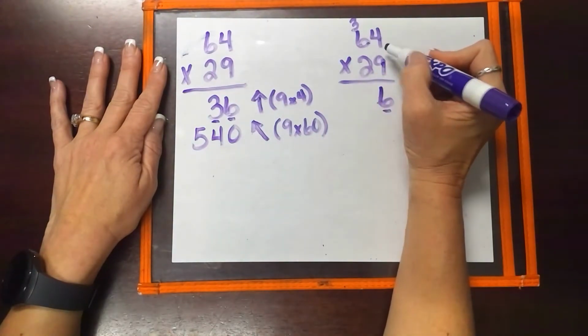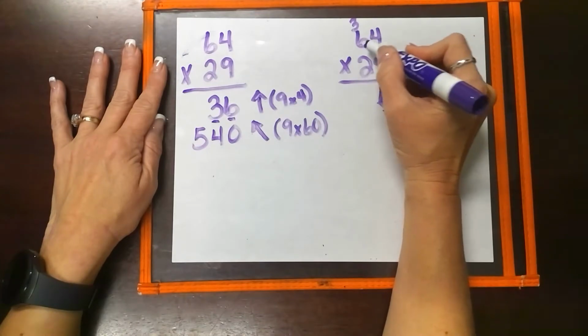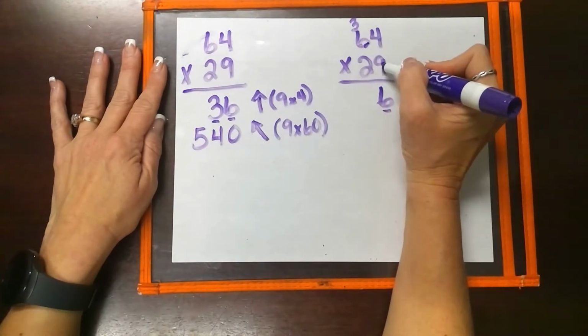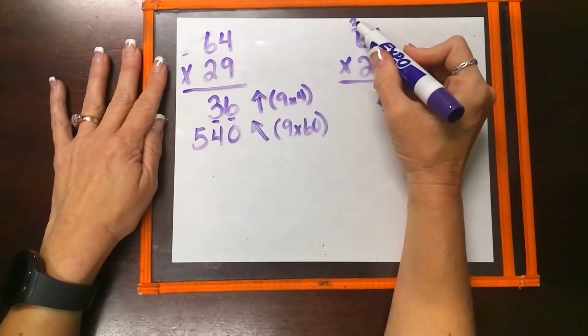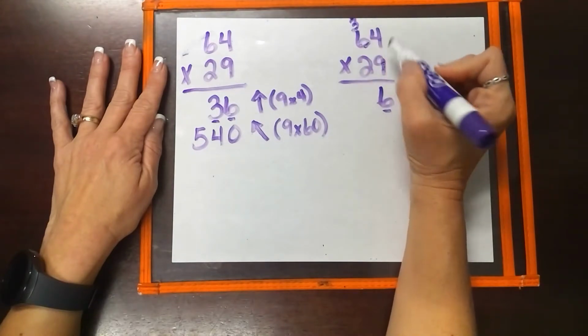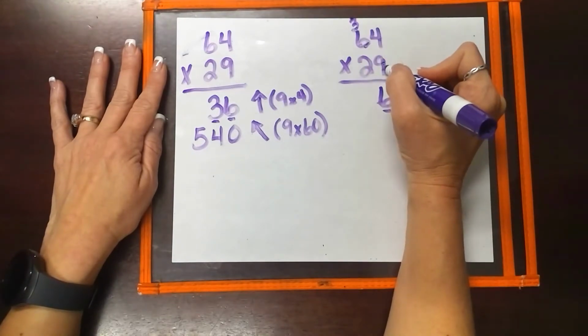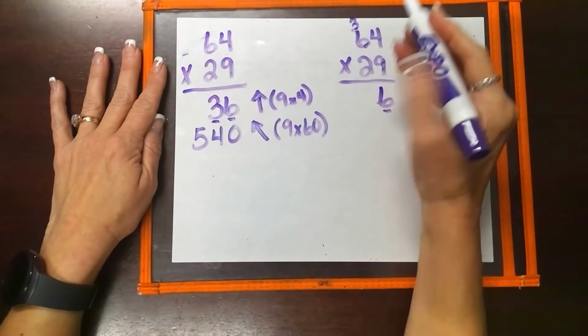We know it's 54, right? I mean 9 times 6, we know that's 54, so that's 540, and I'm going to go ahead and say 9 times 6 is 54, 55, 56, 57.